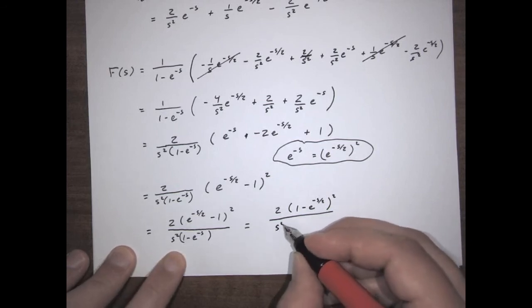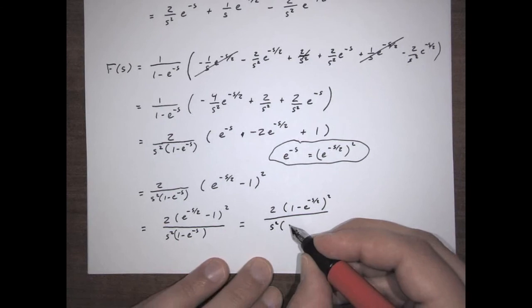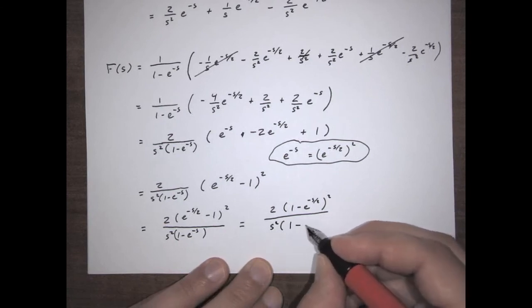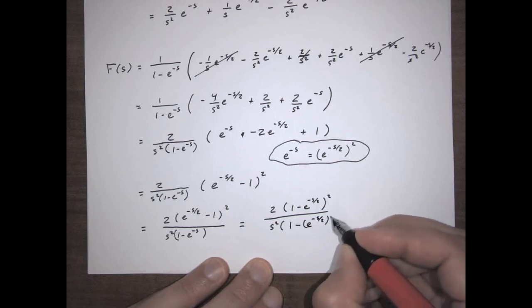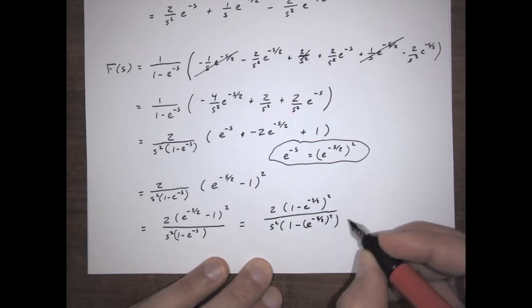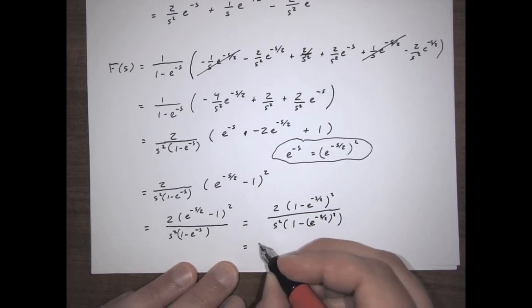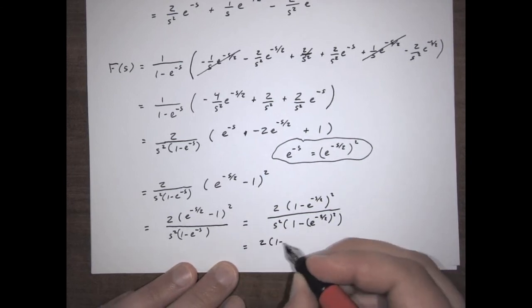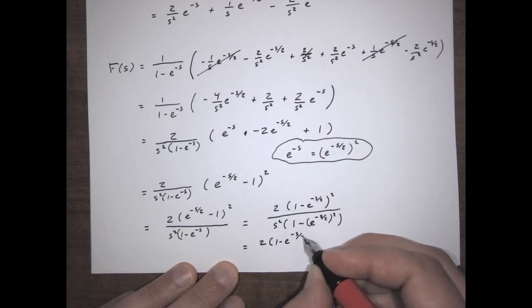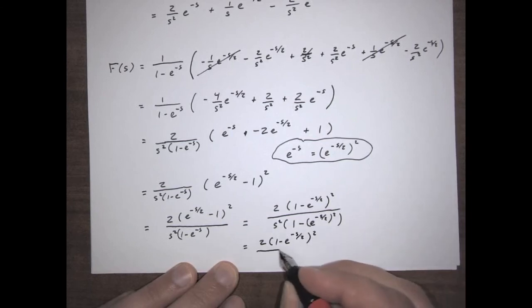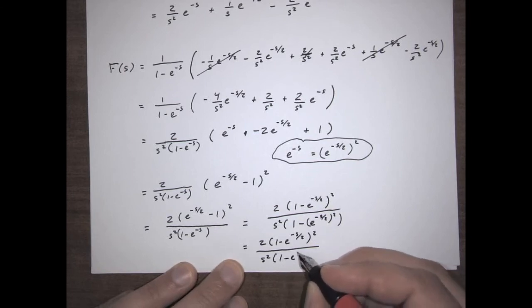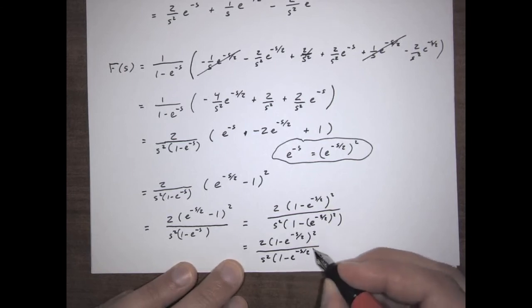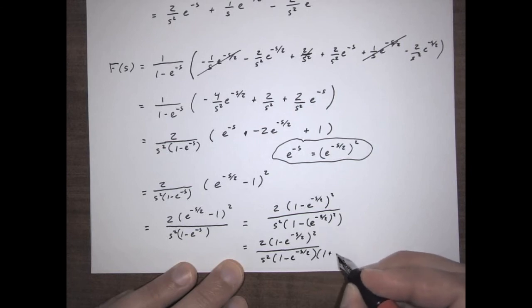Okay, and then that's s squared times 1 minus e to the negative s over 2 squared, which is going to be 1 minus e to the negative s over 2 squared divided by s squared times 1 minus e to the negative s over 2 times 1 plus e to the negative s over 2.